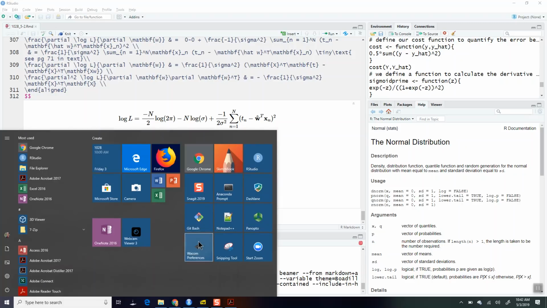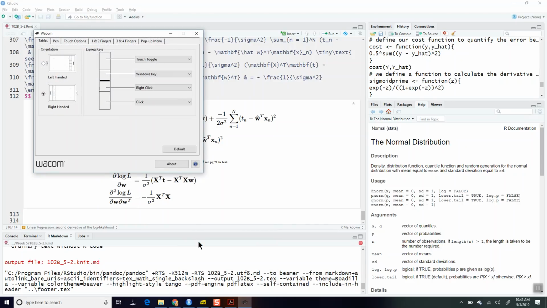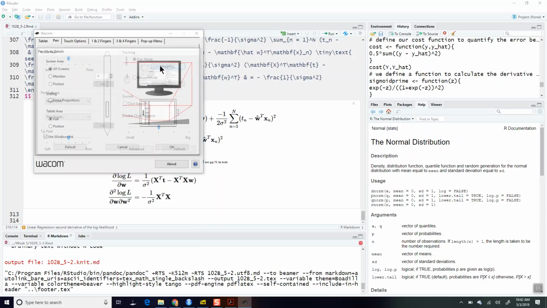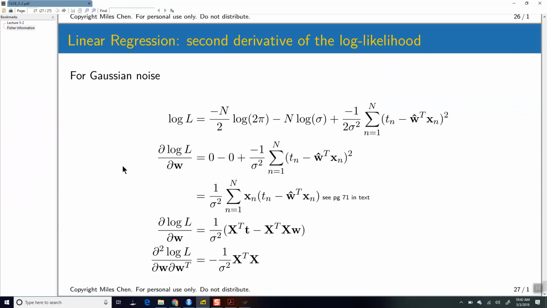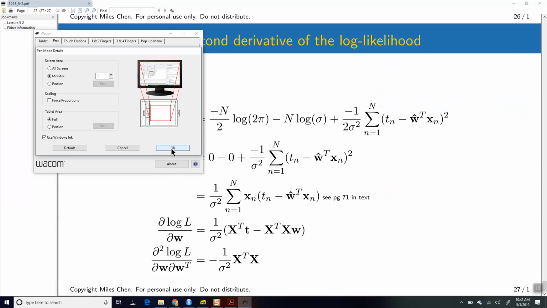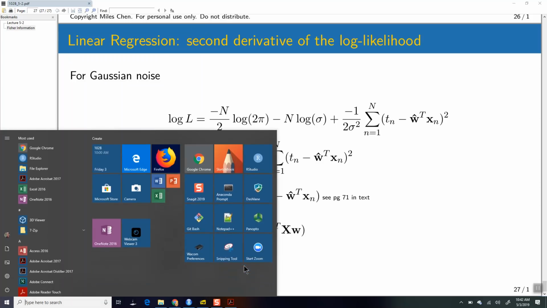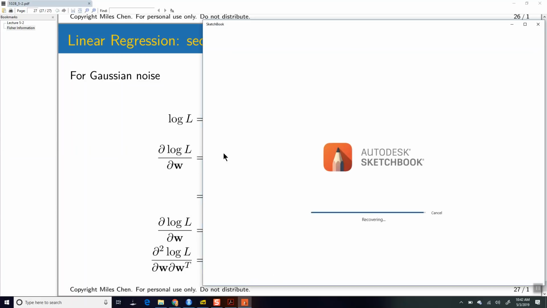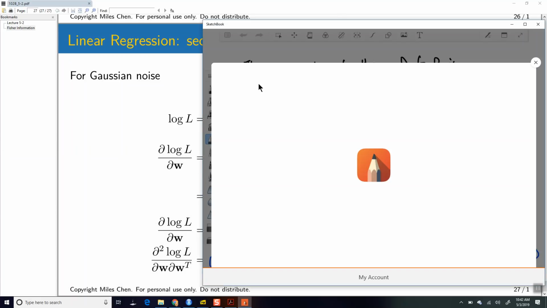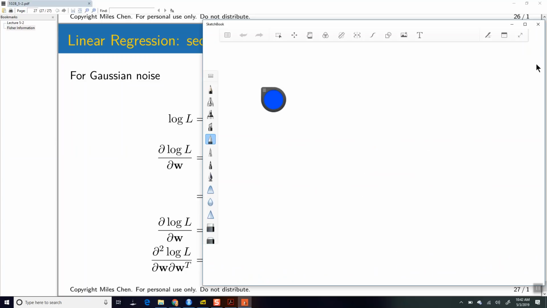Yes, so the w goes away, and we get negative 1 over sigma squared x transpose x. Okay, let me just talk about this briefly. How do I move this? Okay. There we go.